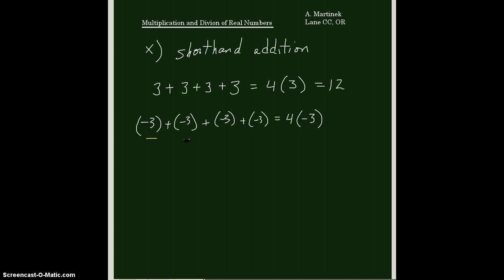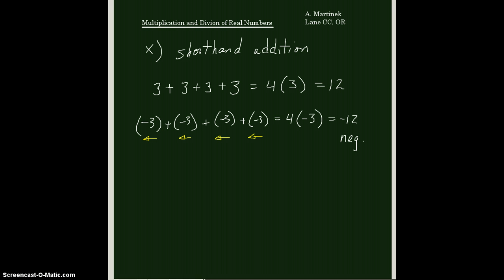I'm going minus 3 along the number line, and to this I'm going to add another minus 3, so I'll have minus 6. I'll go 3 more to the left, I'll have minus 9, then 3 more to the left, I'll have minus 12. So this turns out to be minus 12.